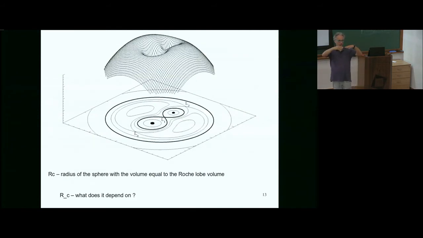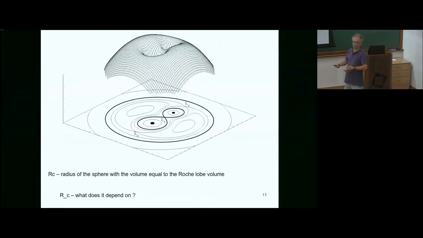So this is the point between the stars, which is the unstable equilibrium point, L1, and we draw the equipotential lines with this value of the potential, and then we calculate the volume of the region that is under these potential shapes.